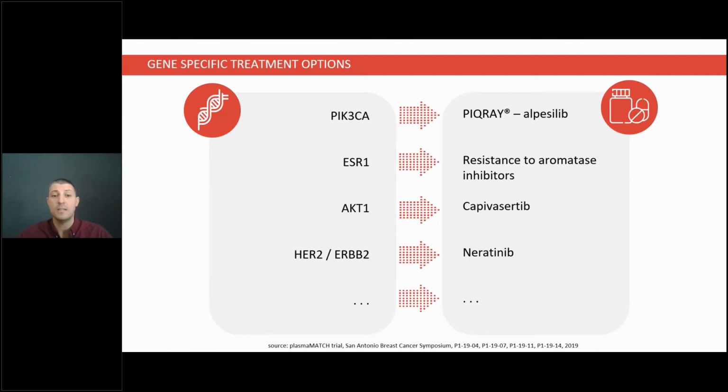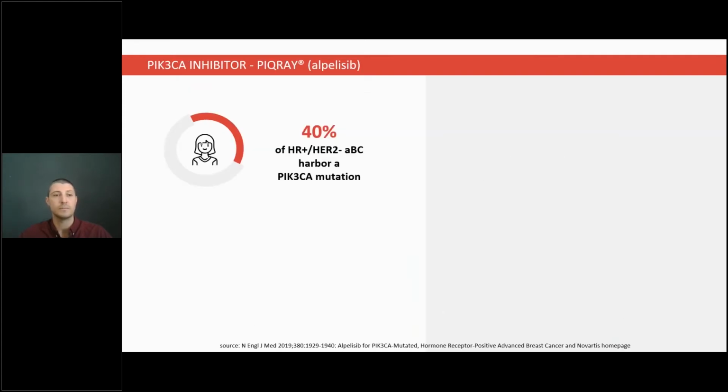Then mutations in ESR1 are known to cause resistance to aromatase inhibitors, which are commonly used in the treatment of breast cancer. And then we have two more: AKT1 mutations can be targeted by capivasertib, and mutations in HER2 by niraparib. And there are more trials going on, and there will be more drugs available which target specific genes and mutations.